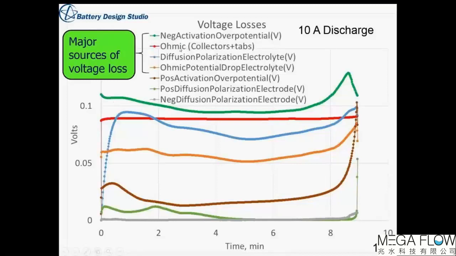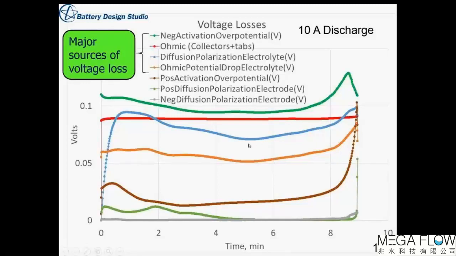The second largest source of voltage loss is the ohmic drop. And that's in the current collectors and the tabs. So it is significant for these high rate discharges. Then the third and fourth have to do with the electrolyte properties. There's the diffusion polarization, so that's the voltage loss that develops because of concentration gradients in the electrolyte, and the ohmic loss, so just the IR loss in the electrolyte.